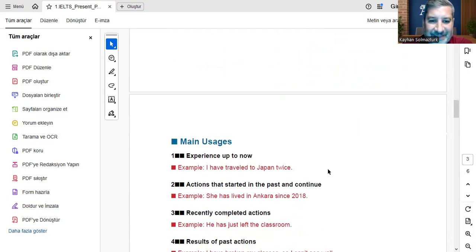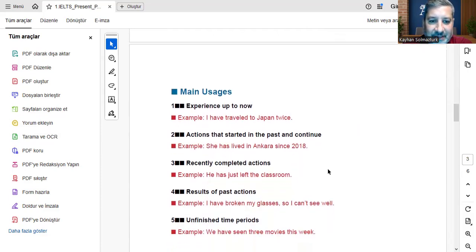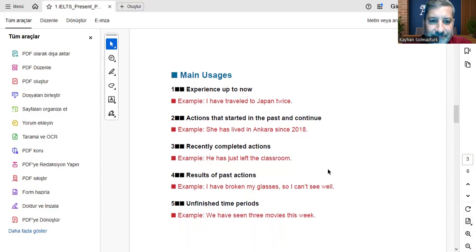Actually, we have five usages here. These are the most essential usages that you can use both in general English and of course in special purpose English, like exam English, like exam programs.